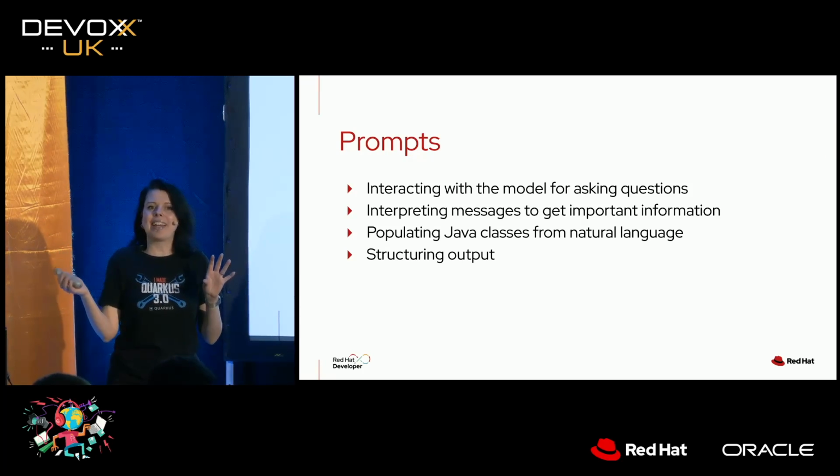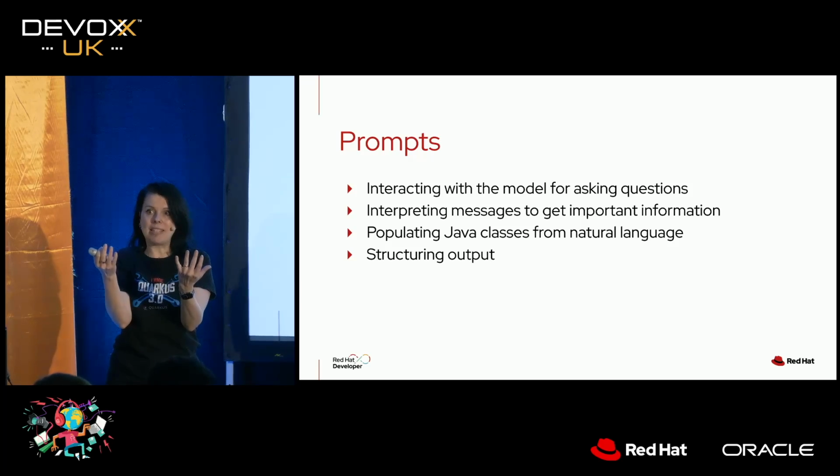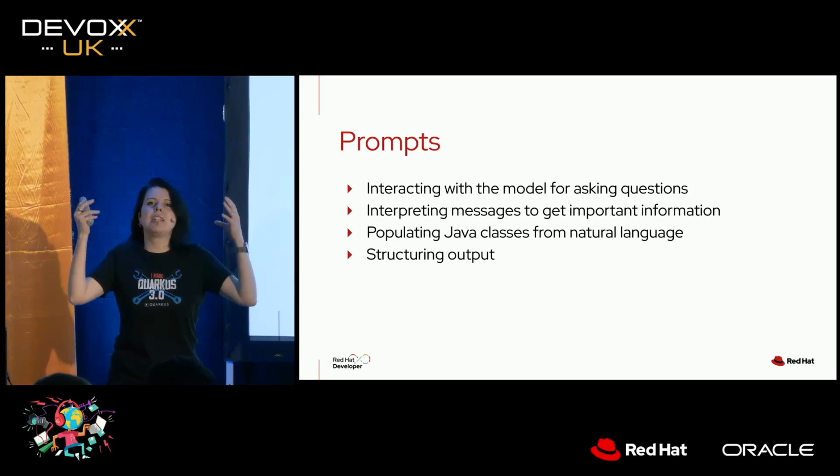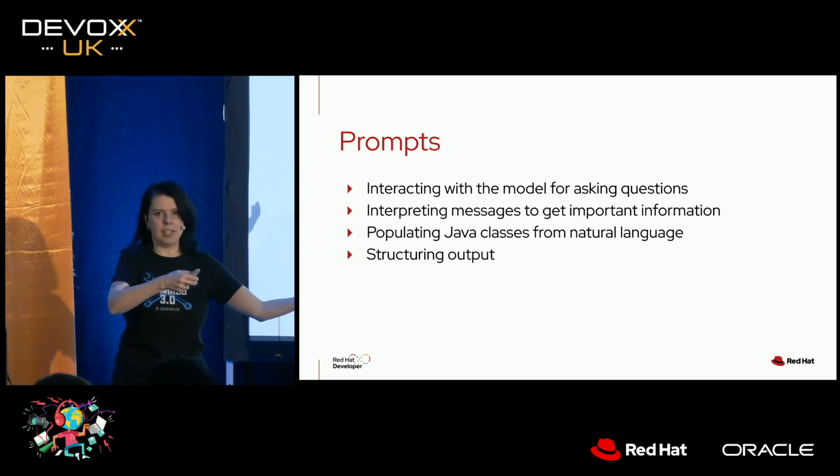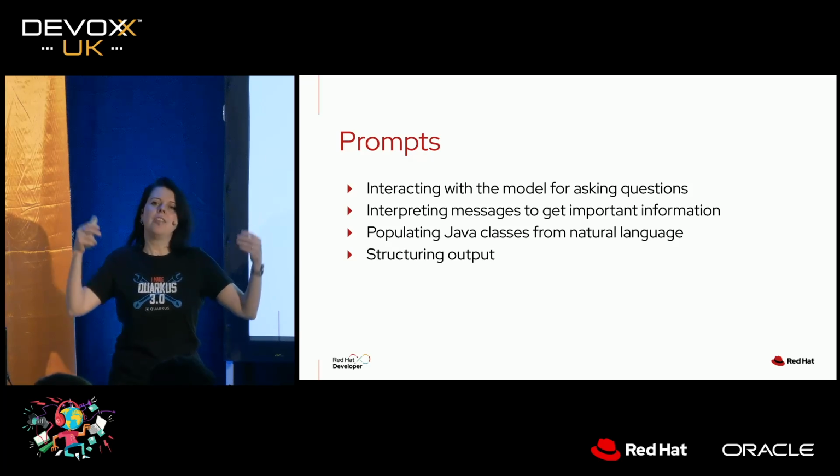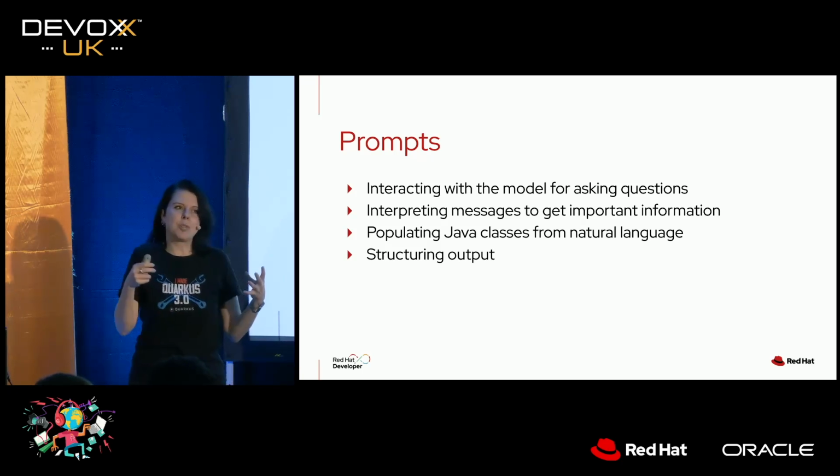You can also go back in the other direction. Once you've interpreted that message, you can give structured data to your application. And since this is a Java application, the natural form for that structured data is going to be a Java object, a Java class. And that's really important.